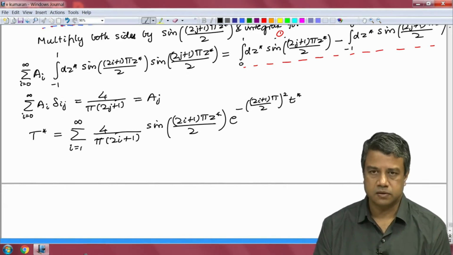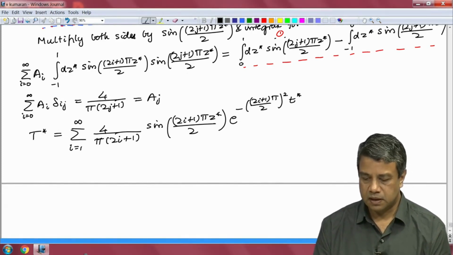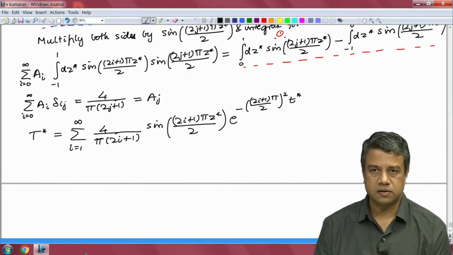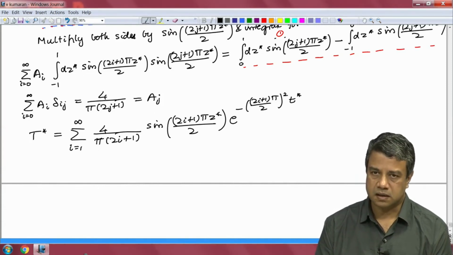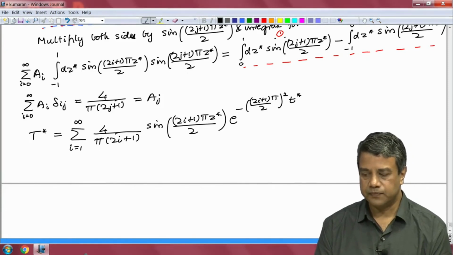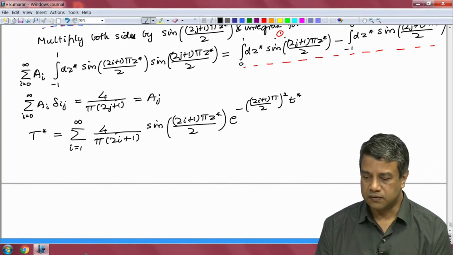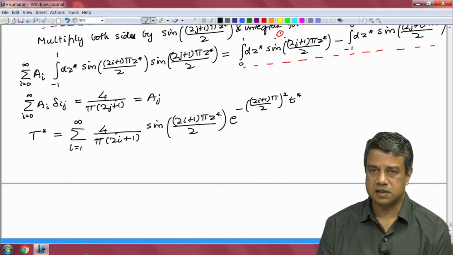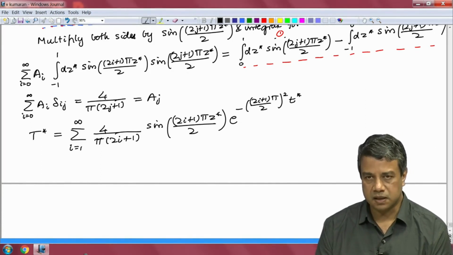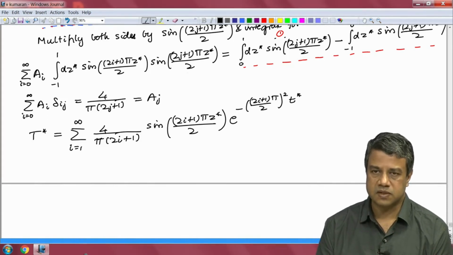This is the final solution that we have, and you can plot this solution once again, and the conclusions are very similar to what we had earlier. You can approximate the solution by retaining just a finite number of terms in the series. If you retain just one term, the solution is numerically accurate for t star greater than about 0.1.